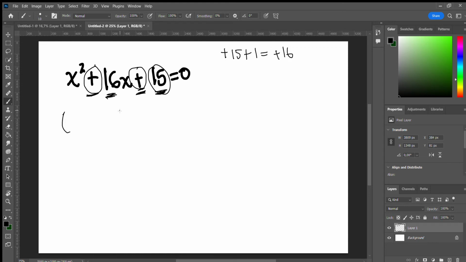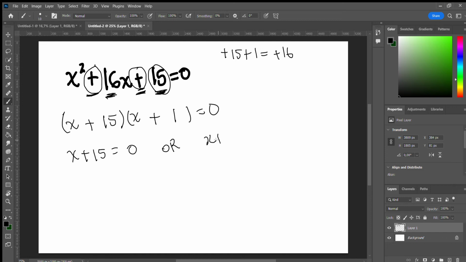And we open brackets to solve this, and we go x plus 15, x plus 1. And now you have x plus 15 equals 0, or x plus 1 equals 0. So x equals minus 15, or x equals minus 1.